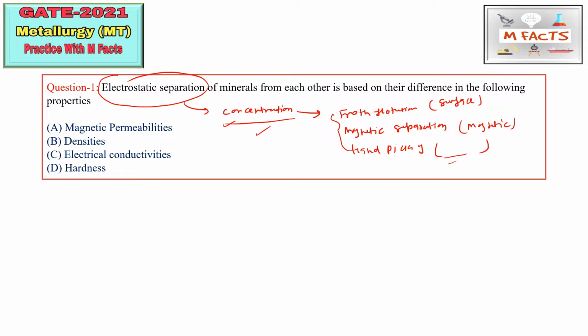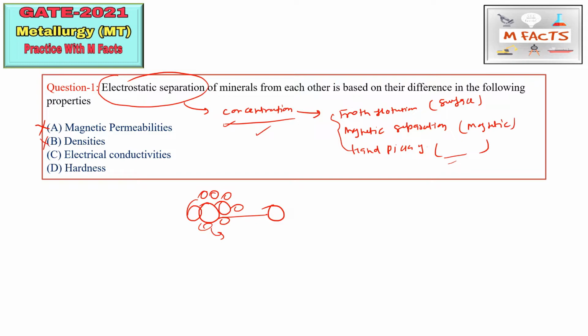Suppose we have two minerals, how will we separate them from each other? Magnetic property is used for magnetic separation, so we do not use it here. Density is also not the property utilized here; it is basically used for sizing processes in mineral processing.